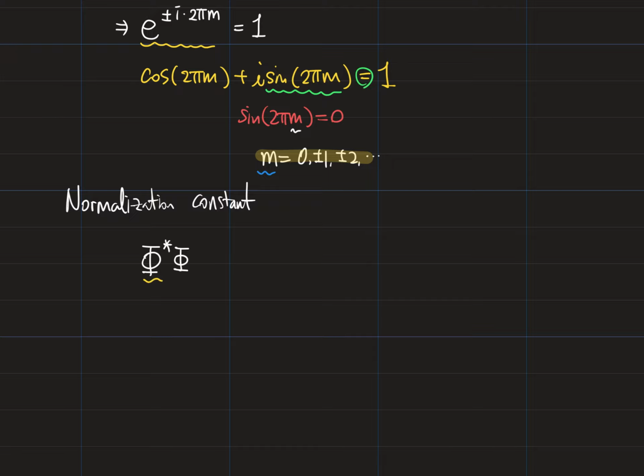This is the probability density, and you multiply it by the infinitesimal volume element. So you integrate all the probability from 0 to 2 pi, and that should be equal to 1.